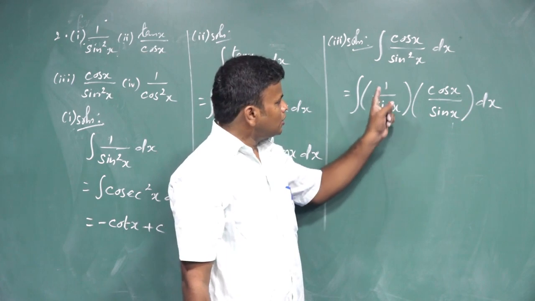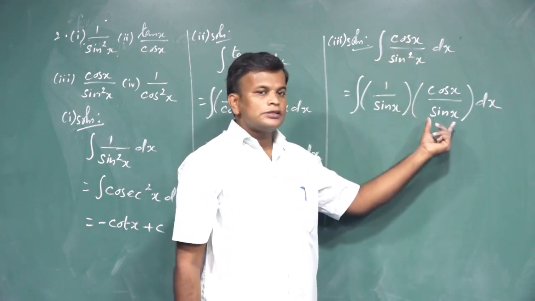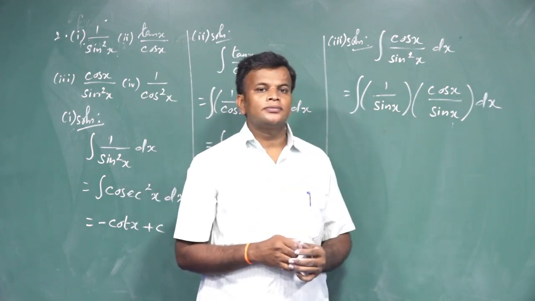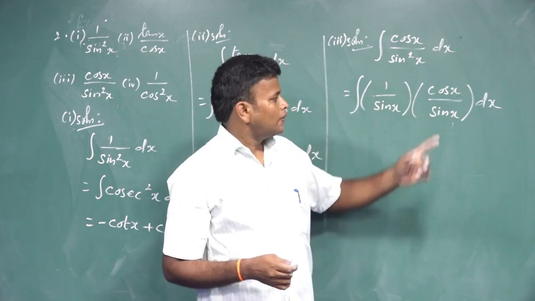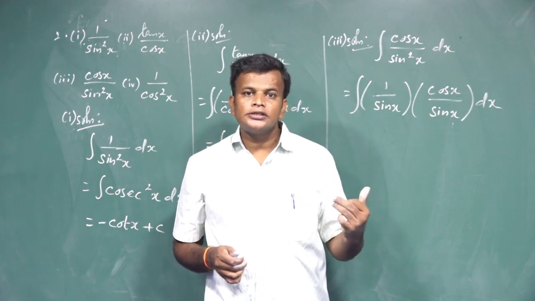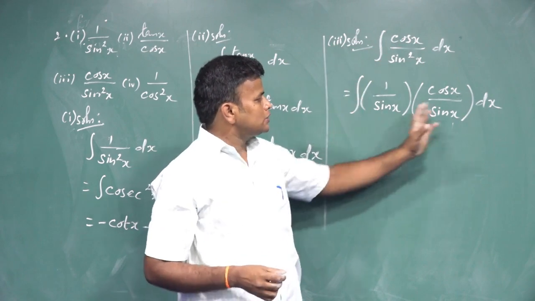We multiply the numerator, 1 into cos x is cos x. Denominator sin x into sin x is sin square x. What is the exact reason to write it in this way, sir? We know 1 by sin is cosecant, cos by sin is cot. Integrating of cosecant x cot x is one formula. So I write cos x by sin square x in this way.